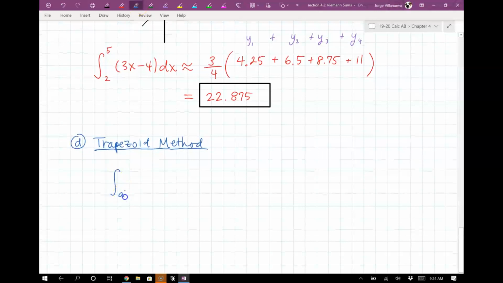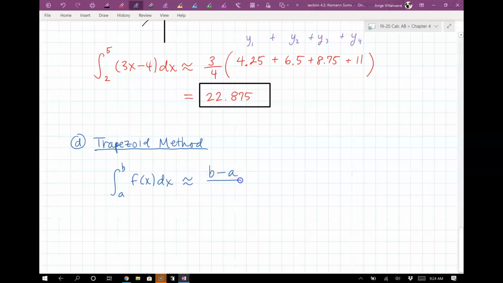It's the integral from a to b of f of x dx is approximately b minus a over 2n. Now, for the left and right and the midpoint method, b minus a over n is called our base. This is called our height.